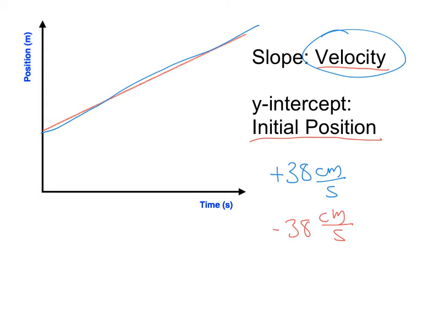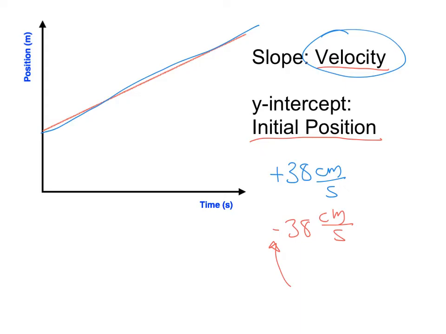What that tells us is that for every 1 second, the car moves backwards 38 centimeters. So it is possible to have a negative velocity, and all that means is that your car moves backwards.